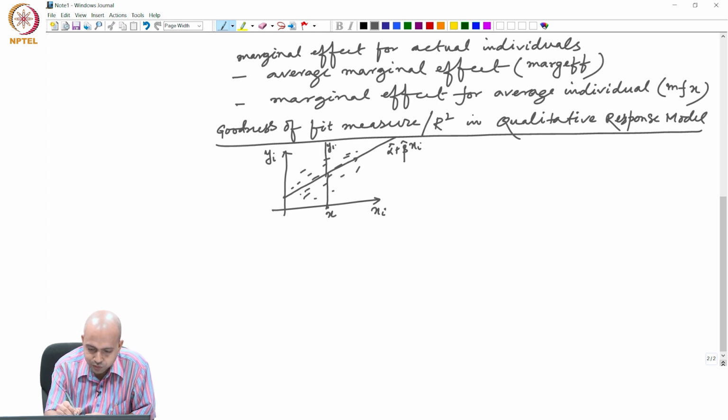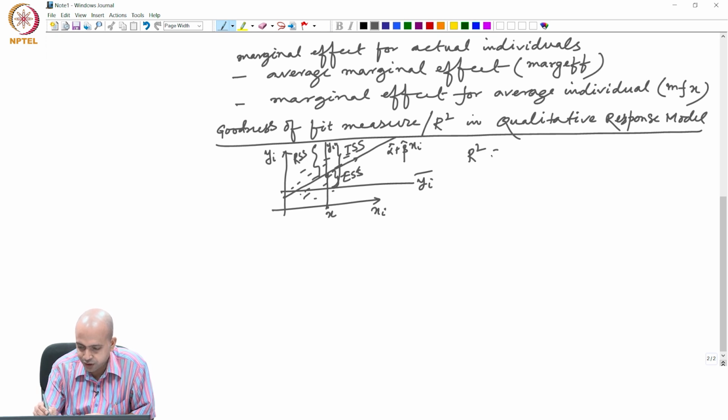Let us say this is your observed value, and let us say this is my yi bar. So this is my total variation, TSS, out of which I have explained this much. This is yi hat, this is ESS, and this is RSS.